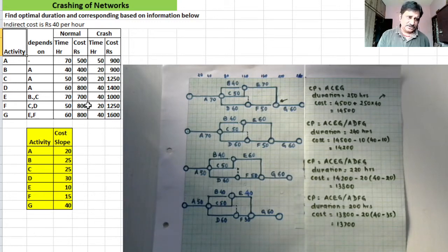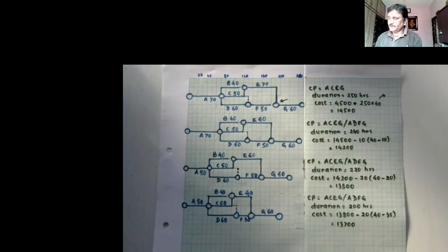So total of this cost comes equal to 4,500, right? 500 plus 400 plus 500 plus 800 plus 700 plus 800 plus 800, that comes equal to 4,500. So 4,500 is the direct cost, right?